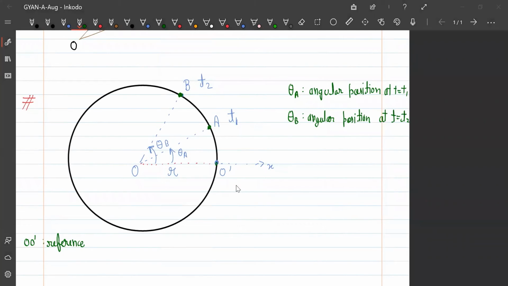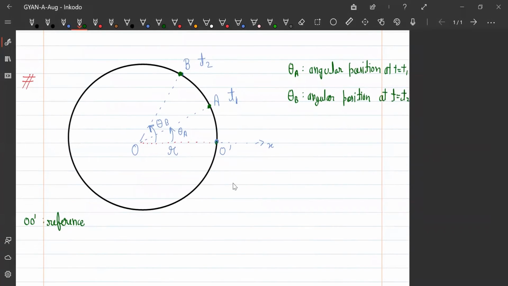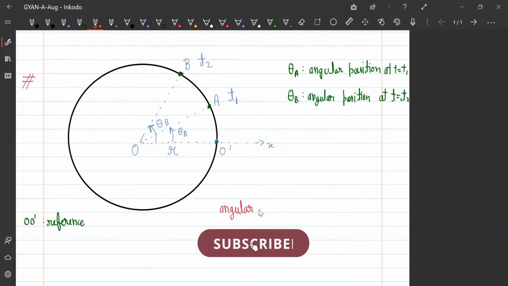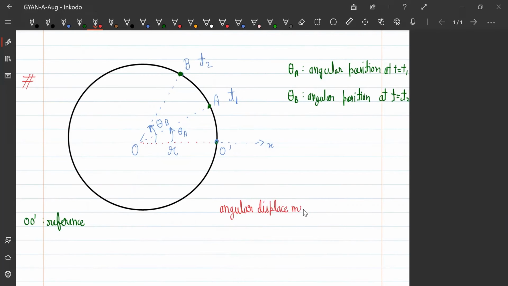Now, after defining this, we can define the angular displacement. After defining angular position, I can define angular displacement. So the basic definition of angular displacement is change in angular position.